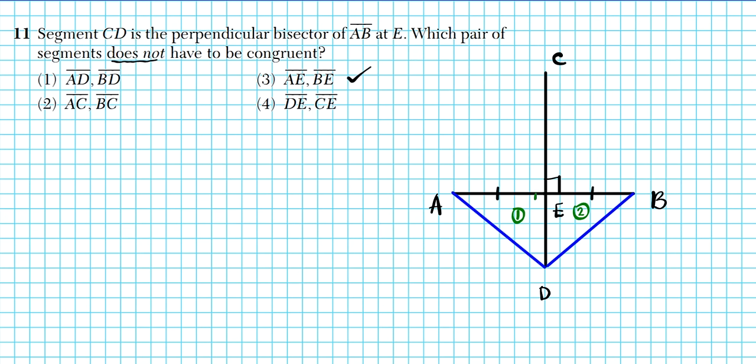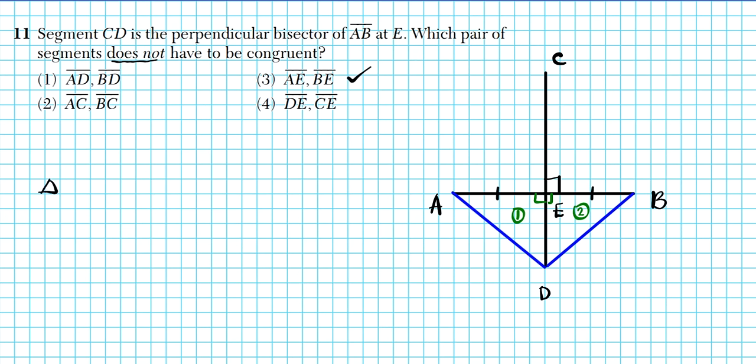Well, they both share this 90-degree angle because of the perpendicular bisector. So we have angle, and then we have these two sides congruent because of the bisection by segment CD. And then ED is congruent to ED by the reflexive property. So we can easily conclude that triangle AED is congruent to triangle BED.